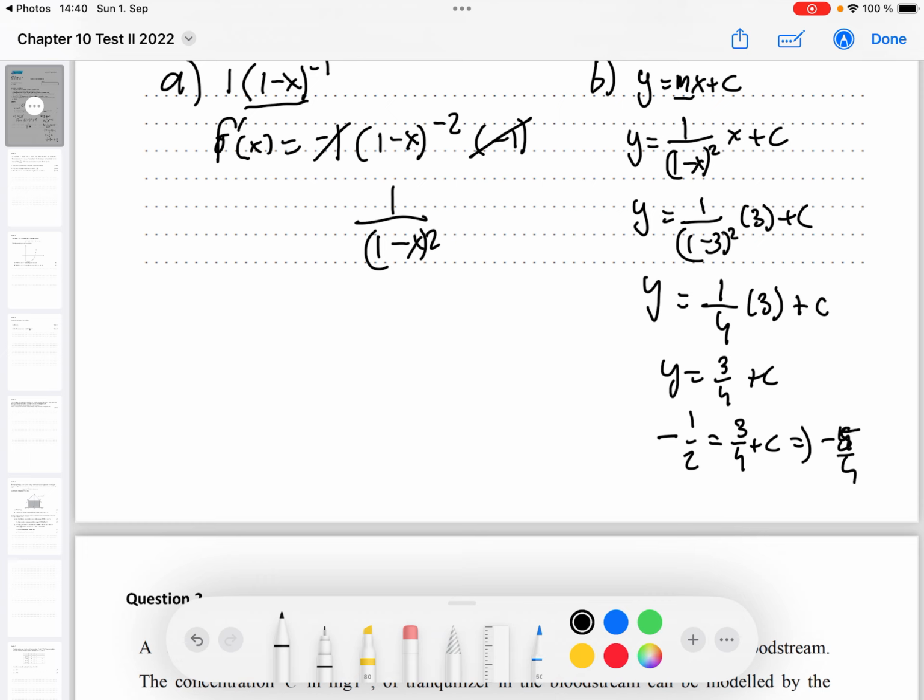So now we have the equation y equals 1 over 4 x minus 5 over 4. But we need it in the form ax plus by plus c equals 0. So we just multiply everything by 4 to get 4y minus x plus 5 equals 0. So this will be the answer.